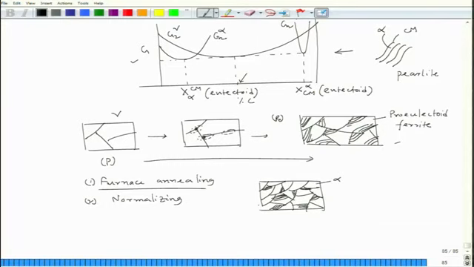Now, interestingly, two changes happen if I do normalizing. One is the grain becomes finer, and the second thing is pearlite also becomes finer.